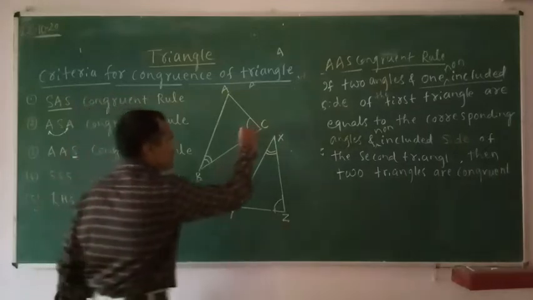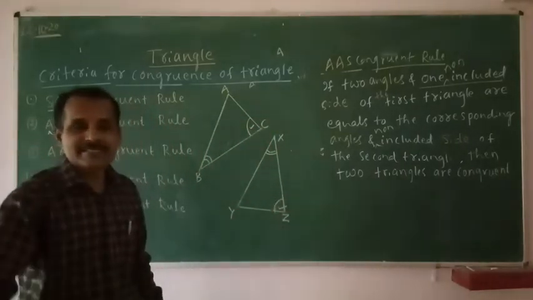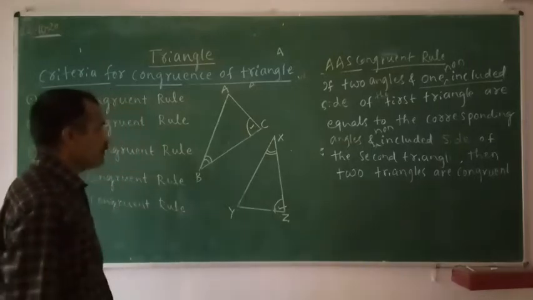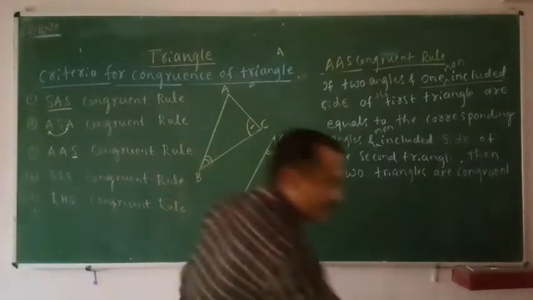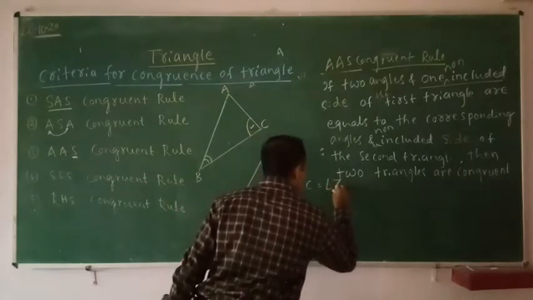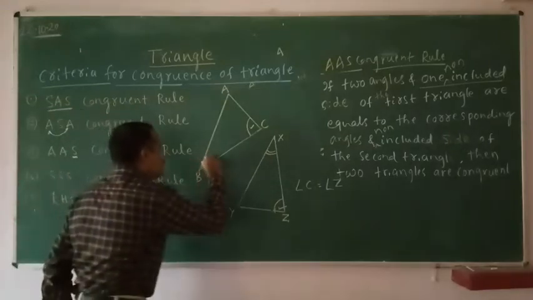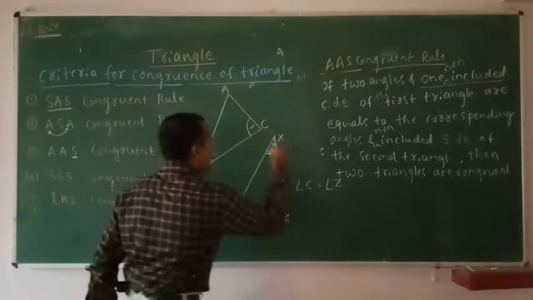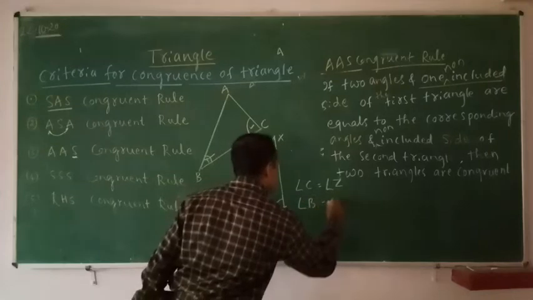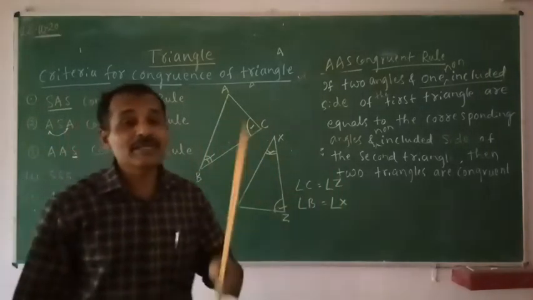What I have given, my dear children? Angle C and angle Z are equal to each other. It is given that angle C is equal to angle Z. Further, angle B is equal to angle X. Two angles and a non-included side.